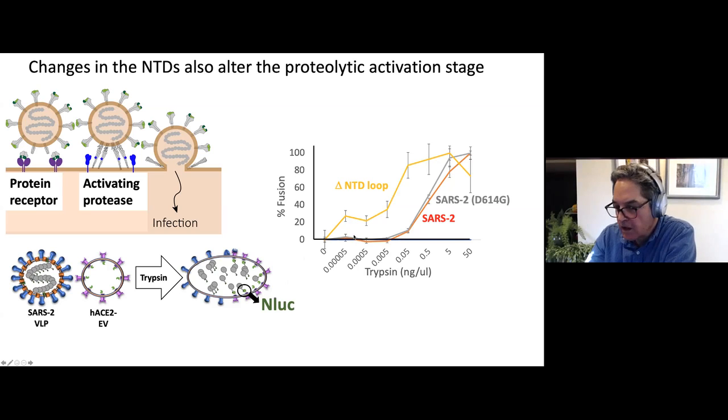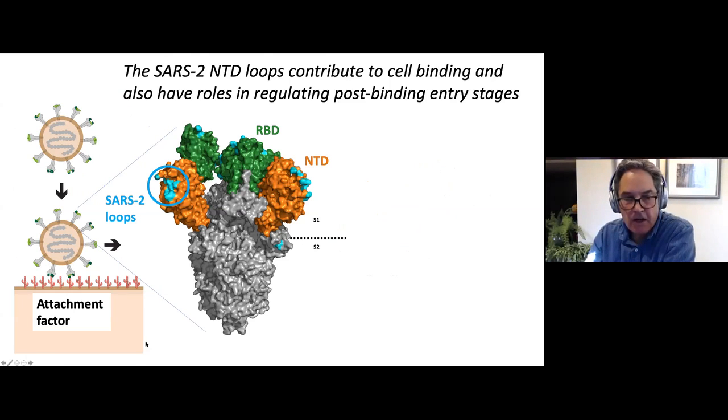It takes extraordinarily low levels of trypsin to activate these delta NTD viruses for vesicle fusion, while native SARS-CoV-2 VLPs, either the earlier D614 form of SARS-2 or the now more prevalent variant isolate D614G, require much more trypsin, kind of more of a trypsin push, if you will, to become activated for the fusion reaction. So those are the kinds of data he's finding.